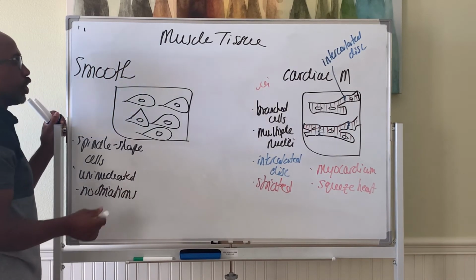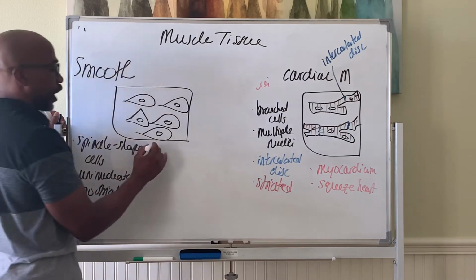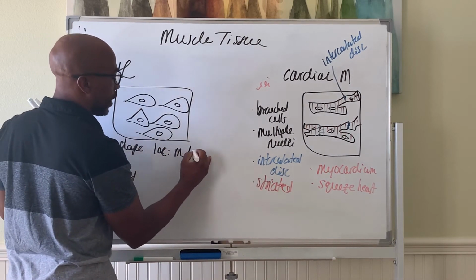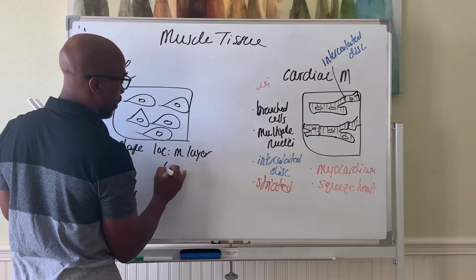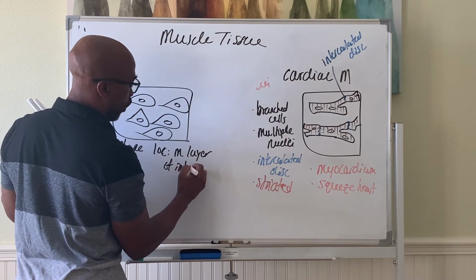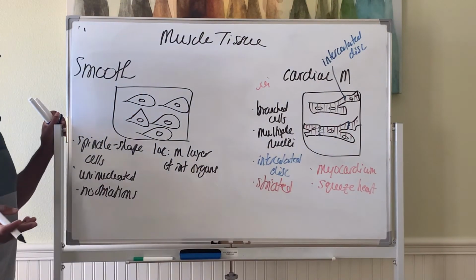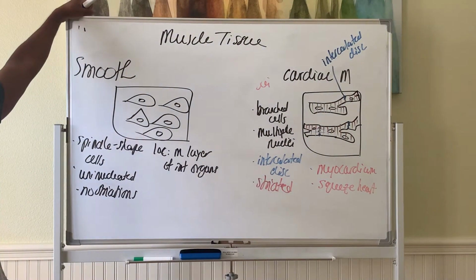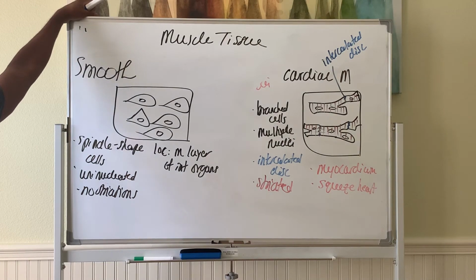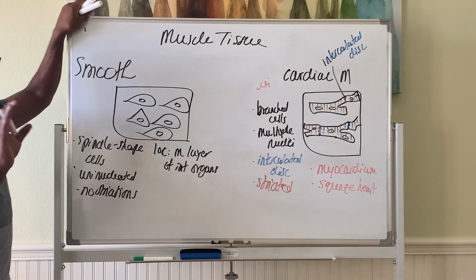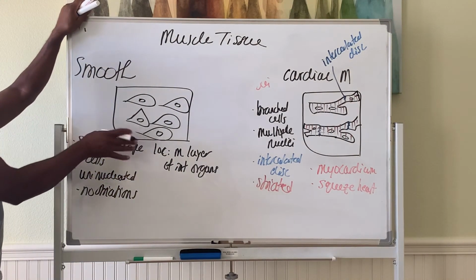All right. So you find this kind of tissue, location-wise, in the muscle layer of your internal organs, except the heart. So your blood vessels, your lungs, your bladder, your stomach, your small intestine, large intestine, rectum, whatever it is, if there's a muscle in there somewhere, it's a smooth muscle that's there.